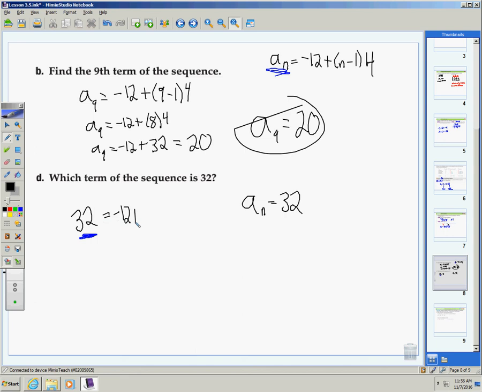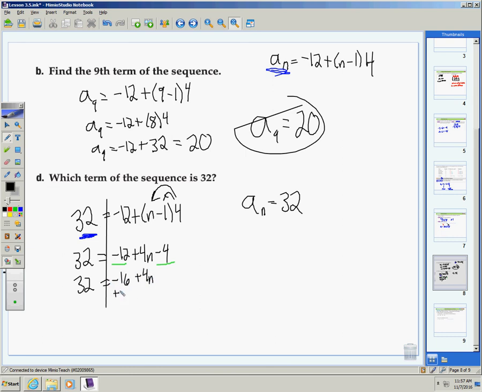First thing I have to do is distribute. 32 equals negative 12 plus 4n minus 4. I'm going to combine my like terms on the right side. Negative 12 minus 4. Please do not just say this is negative 8. Okay, negative 12 minus 4 gives me negative 16 plus 4n. Then I'm going to add 16 to each side. I get 48 equals 4n. Divide each side by 4, and I get 12 equals n.